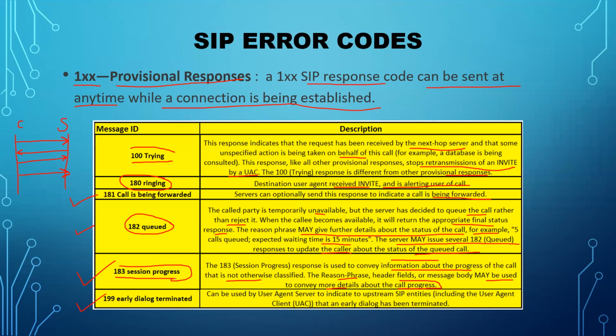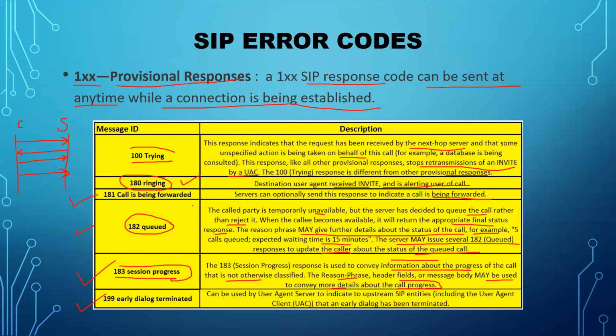So 180 Ringing would be there if it is ringing on the other end, then you will hear a ring back. If it is not ringing, it is directly prompting. That can be an IVR or a dialer tune. Instead of ringing, you will hear a song as well. That will be a dialer tune or caller tune, right?